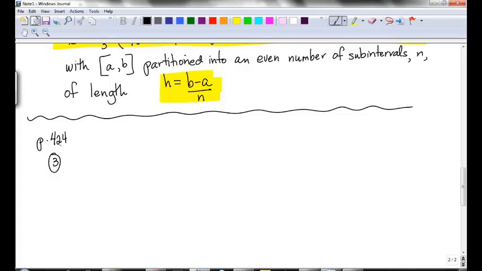That means 4 subintervals, 4 slices. And then on part C, find the exact area using integrals. Okay, so the problem is this. Definite integral of x cubed with respect to x from 0 to 2. Part A is the trapezoidal rule.